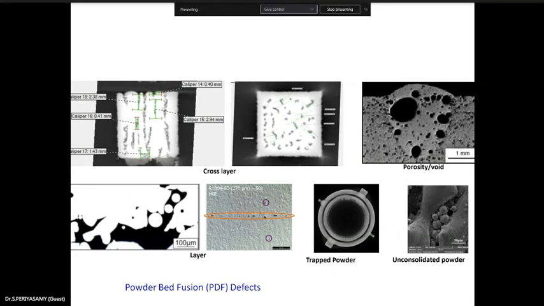So the first one is inhomogeneity identified in the literature for additive manufacturing parts. What is inhomogeneity? Presence of impurities, variation in grain size, even distinct crystallographic texture.